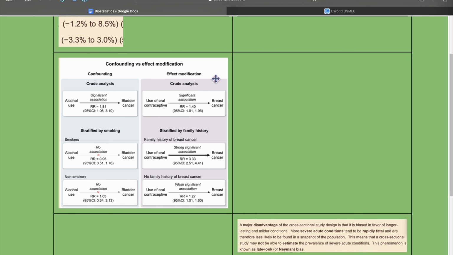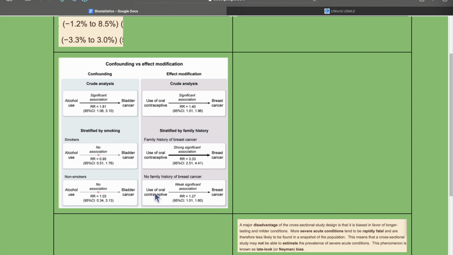Okay, so what is the effect modification here? It would be crude analysis, use of oral contraceptive. There's a significant association with breast cancer, stratified by family history. Use of oral contraceptive was a strong association with breast cancer because there's family history, and there's no 1 included here. RR is 3.3, so it's significantly increased, 3 times increased in fact.